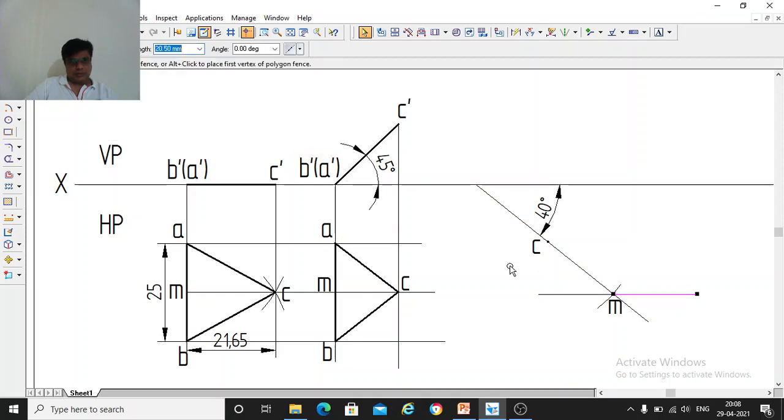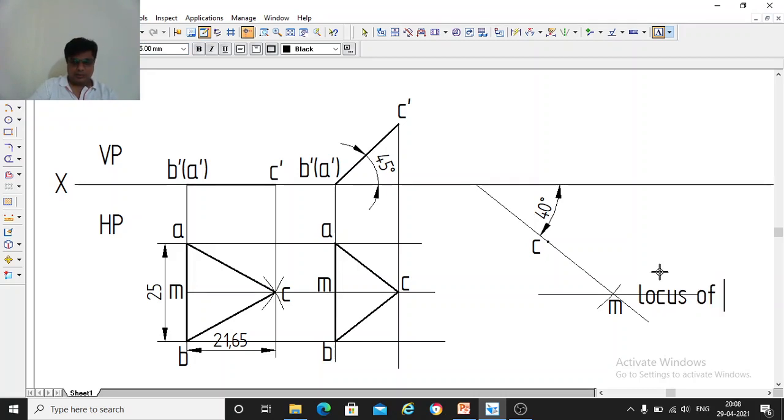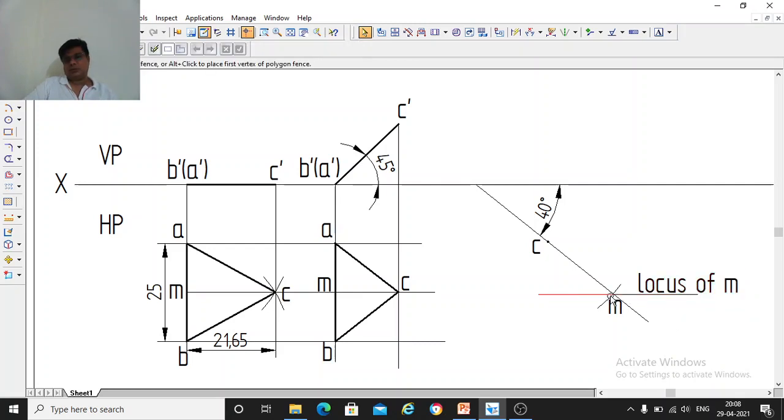So draw one thin line passing through this point M horizontally. So this line is called as locus of the point M.